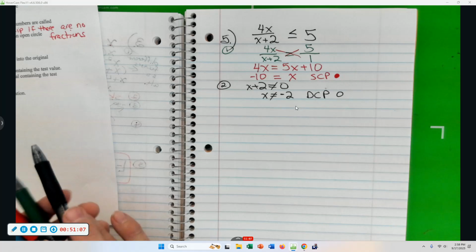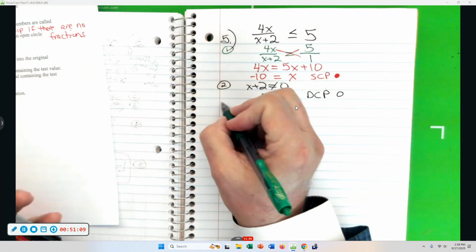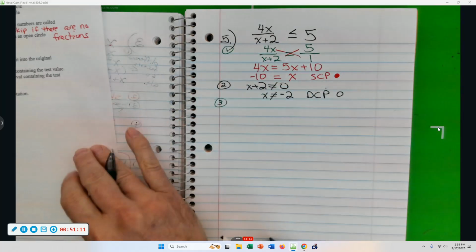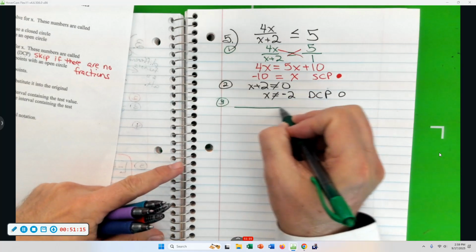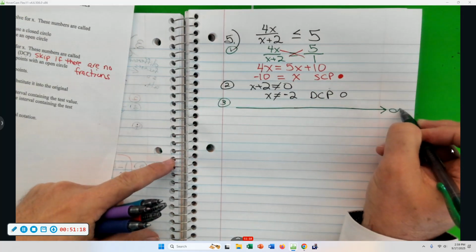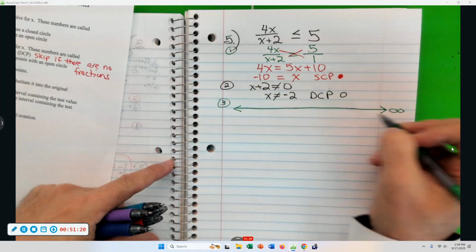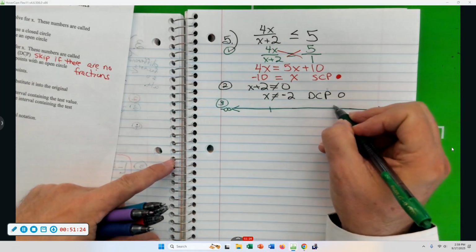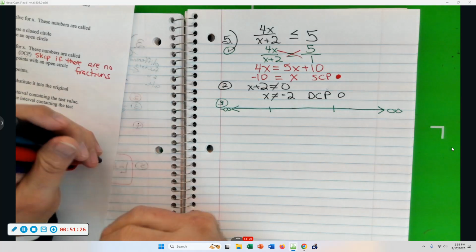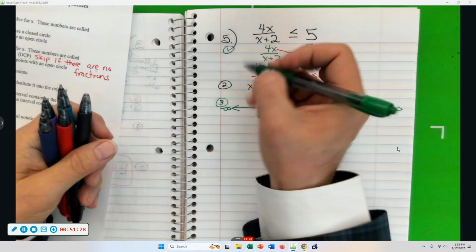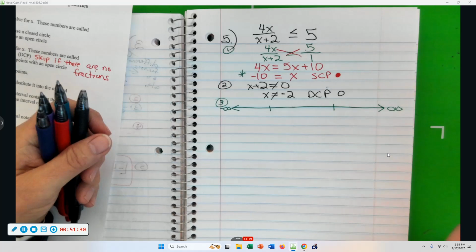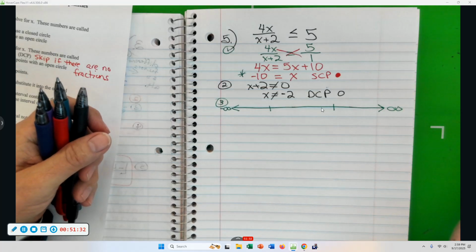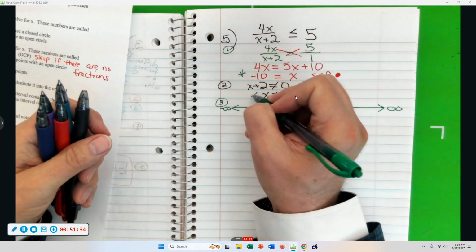Step number 3, what am I going to do? Draw the number line and label the cut points. Okay, I have 2 cut points. I have -10, and what's the other one? -2.